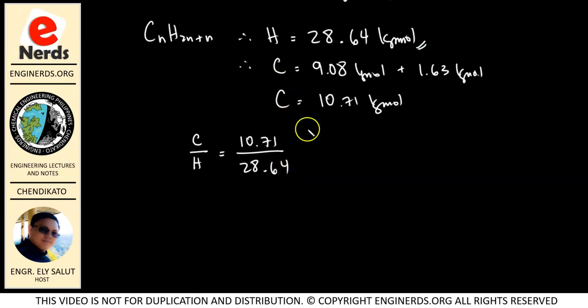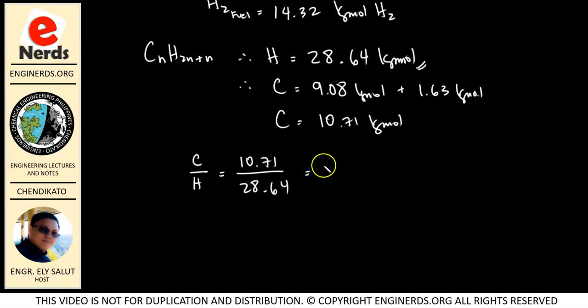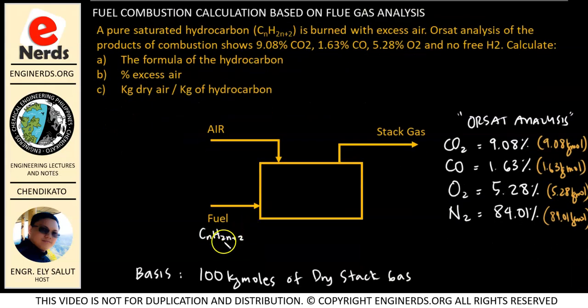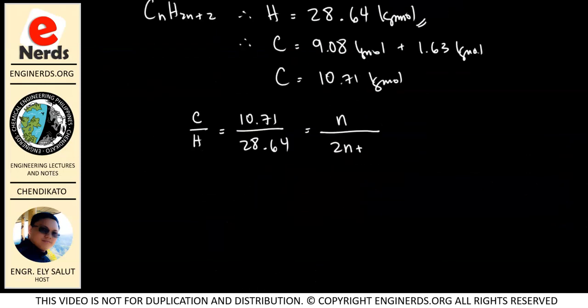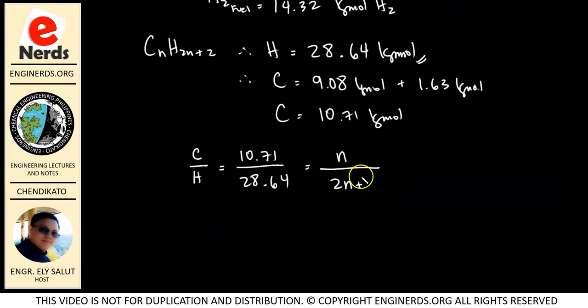This is equal to our carbon, which is N, over our H, which is 2N plus, I'm sorry, this is not N. This is supposed to be 2. So this is 2N plus 2. I made a mistake at the bottom.